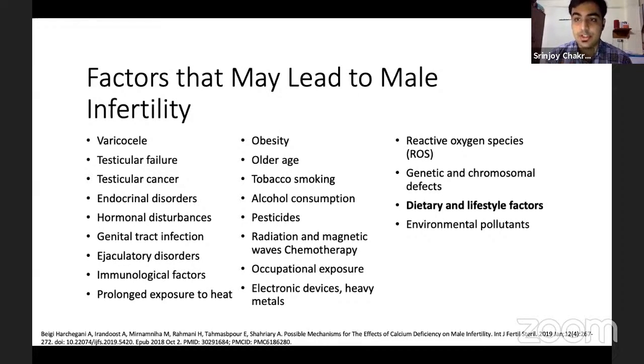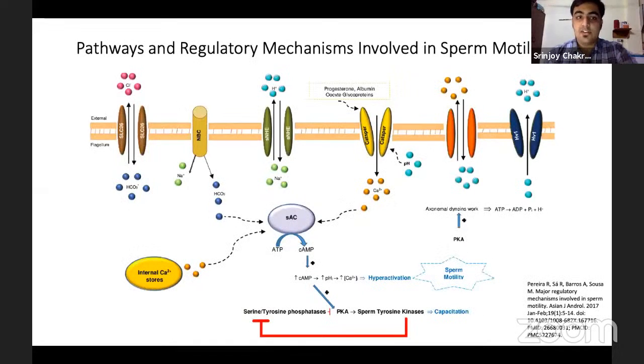the regulation of motility of cells and the maturation of sperm cells as well. Now, these are the various pathways and regulatory mechanisms involved in sperm motility. As you can see, calcium plays a very important role. There are various channels, especially the CatSper channels, which are responsible for the influx of calcium ions, which then participate with the soluble adenylyl cyclase enzyme, responsible for production of cAMP, which in turn is very important in the production of energy.